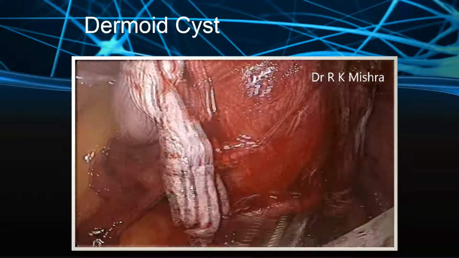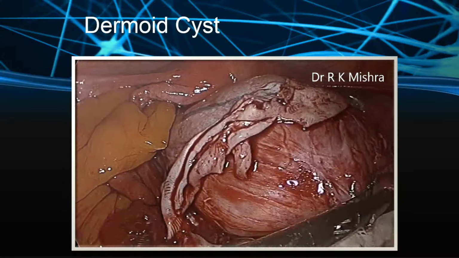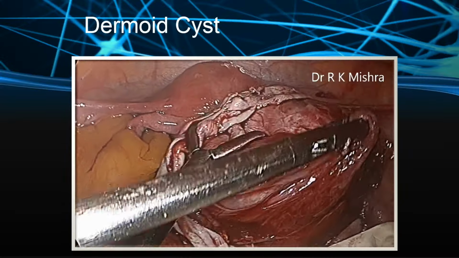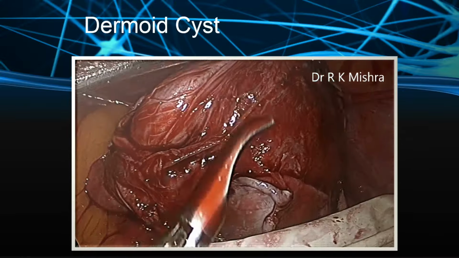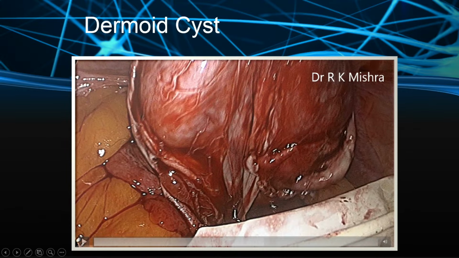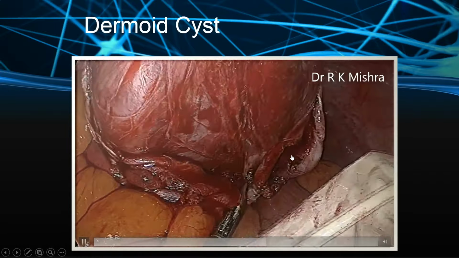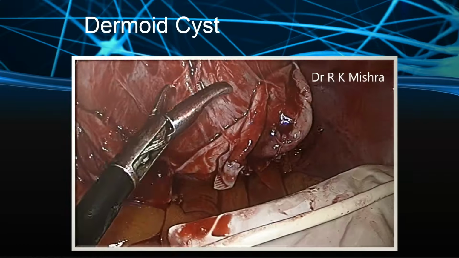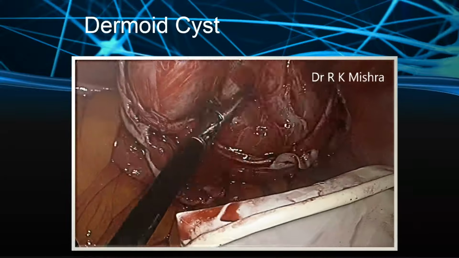And now we are holding at the mouth where it is trying to rupture, that is why it is not spilling. Here is the tube, and this is the cystic wall coming out slowly. So, if you get a complete cystic wall, then the chances of recurrence are not there.